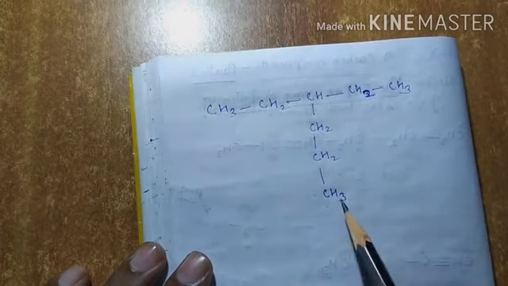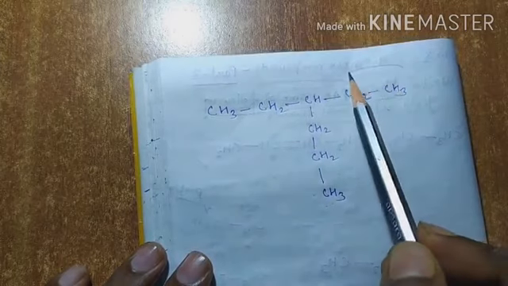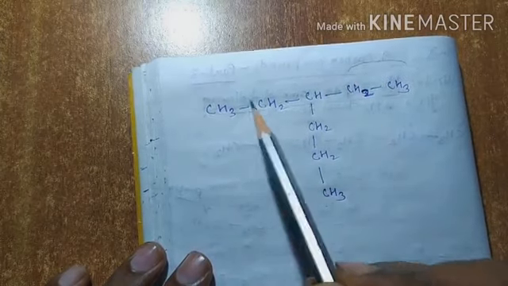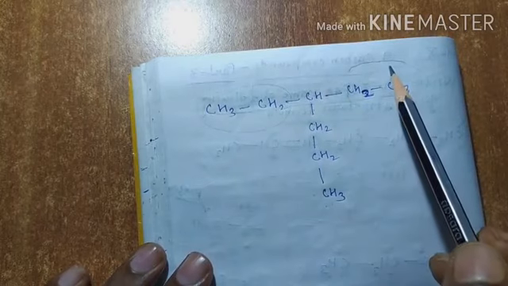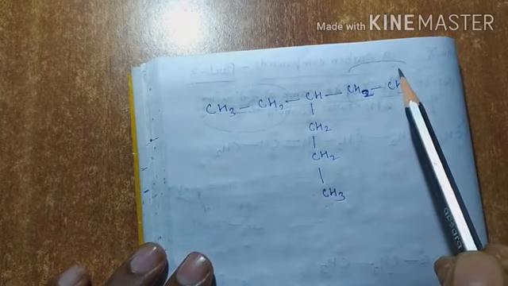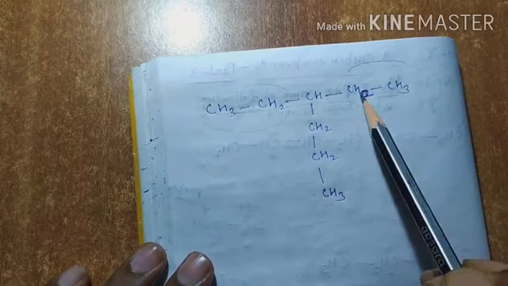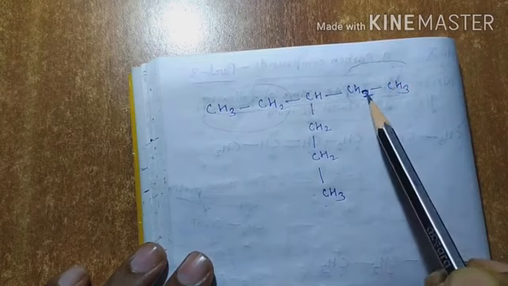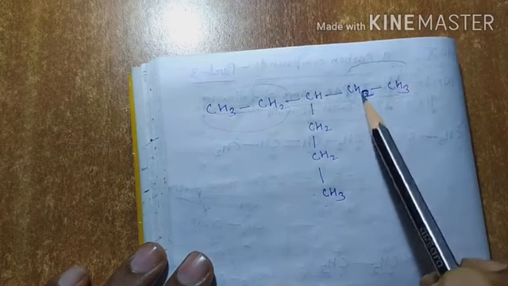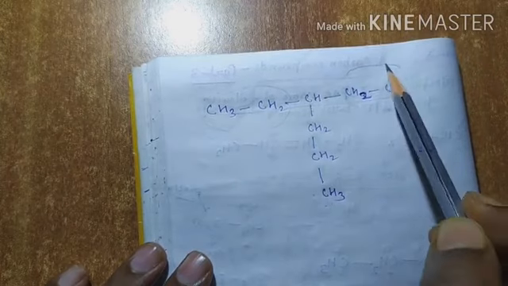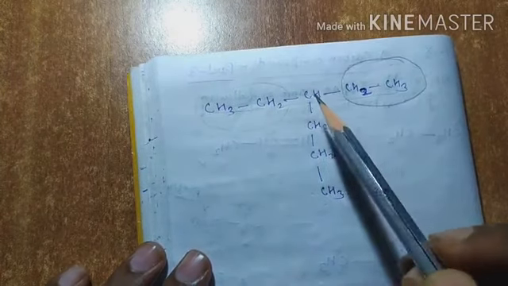Understood? So now this will be either this one or this one. This will become the alkyl group. In the alkyl group, this is ethyl, because you see there are 2 carbon atoms here. So this one we will consider as a functional group.